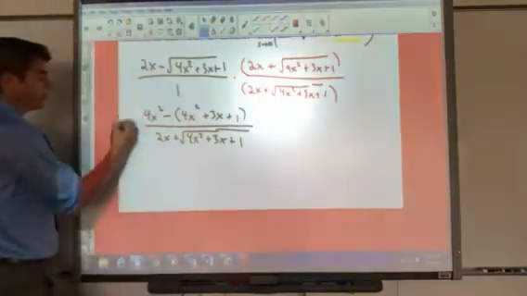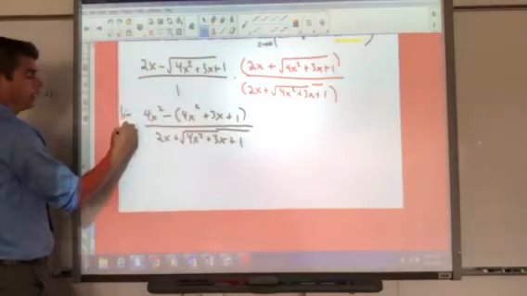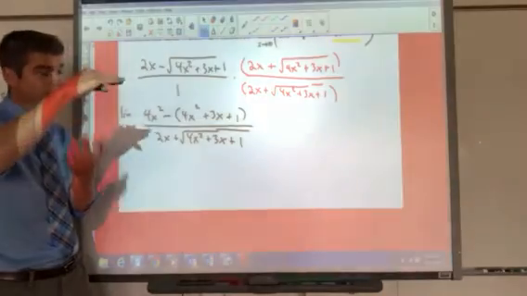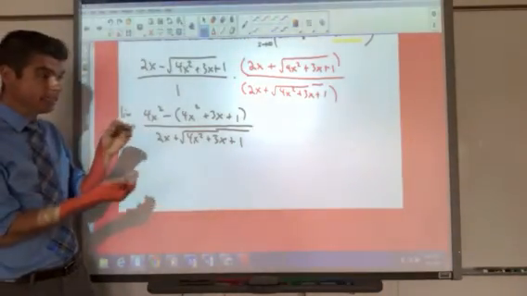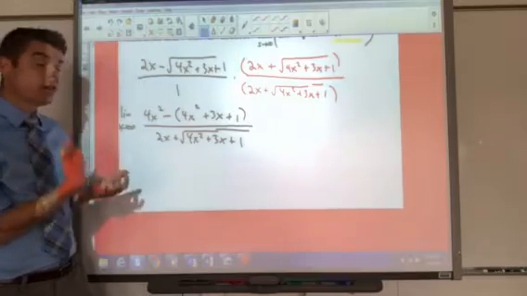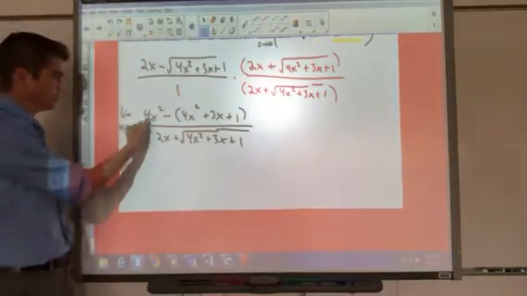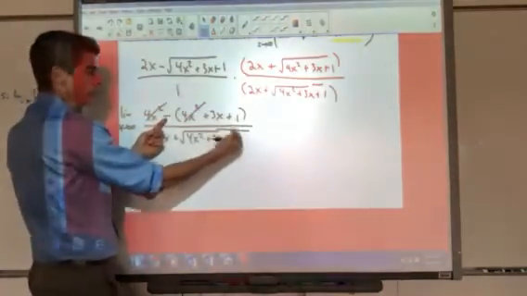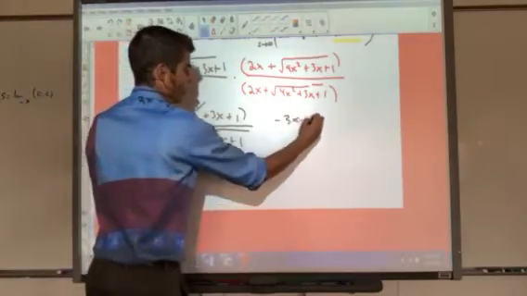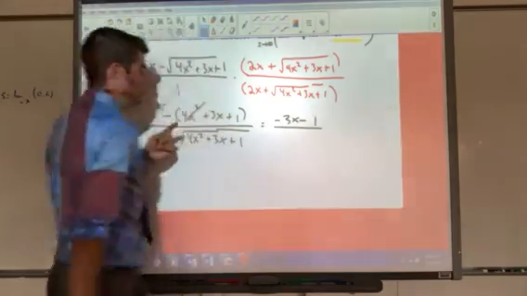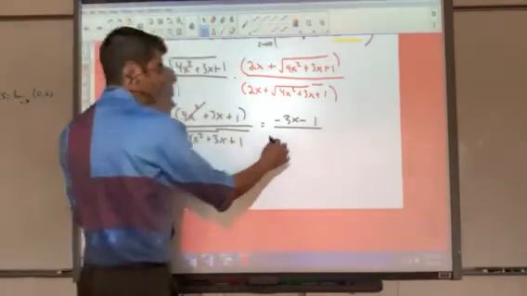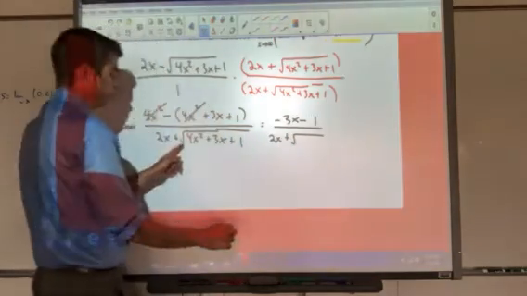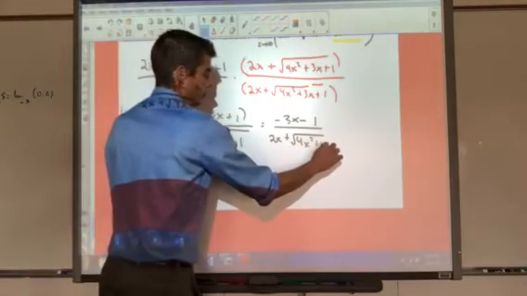Now remember, we're analyzing the limit as x approaches infinity. So now I can compare who's getting bigger more quickly, the top or the bottom, or if it's a consistent rate, look at their coefficients. And I notice that the 4x squared is going to cancel with this 4x squared, and I'm going to subtract 3x and a 1. So this is negative 3x minus 1, and then the denominator stays the same, 2x plus the square root of 4x squared plus 3x plus 1.